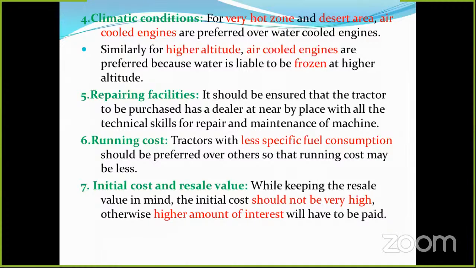Because when the tractor moves in the forward direction, air will touch the radiator and move towards the engine to cool it. Whereas in our remaining states, water cooled engines are available. So based on the climatic condition, we have to select the type of tractor.